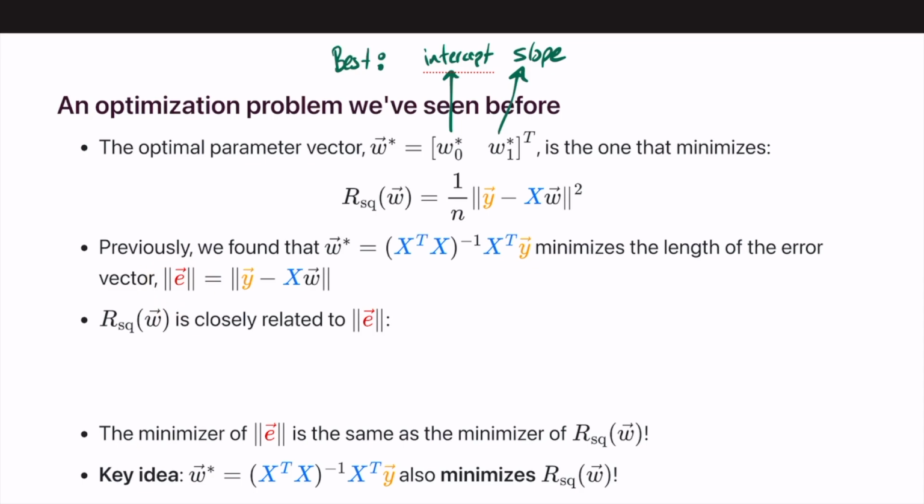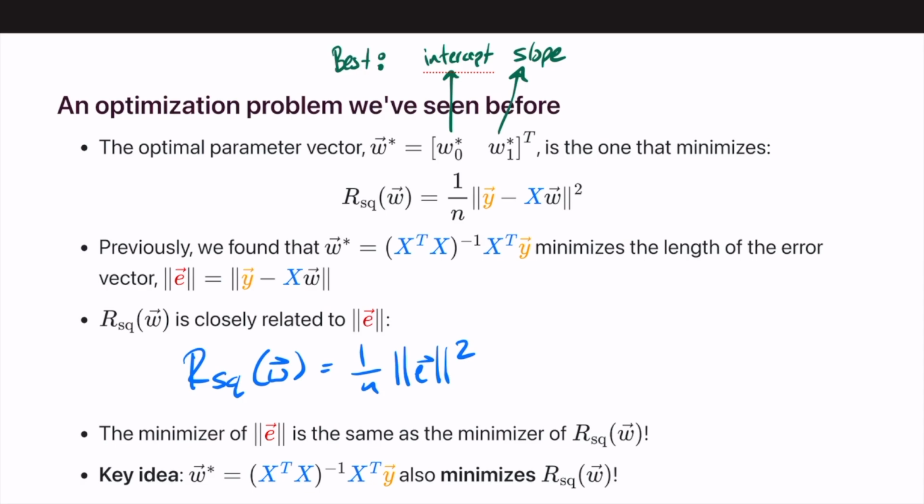And so the solution to the normal equations is not necessarily doing regression, but it's closely related to the things we do in regression, specifically the minimization. Let's see, I suppose we could write it like this. This close relationship here can be described as mean squared error equals 1 over n times the length of the error vector squared.